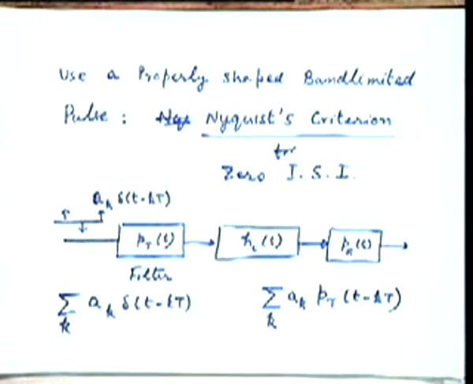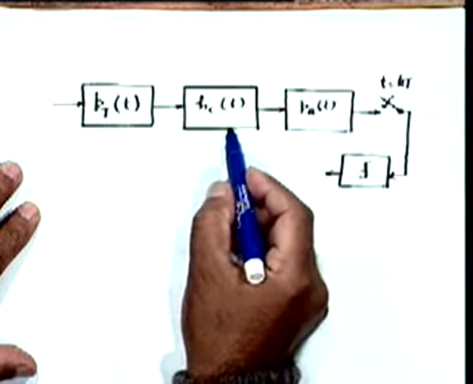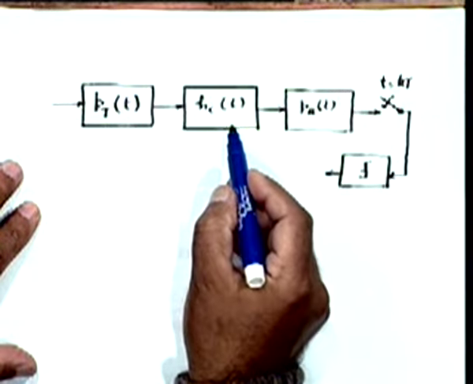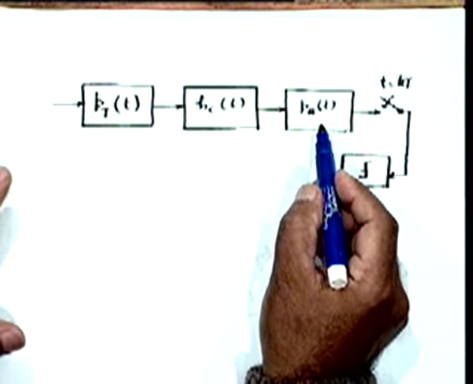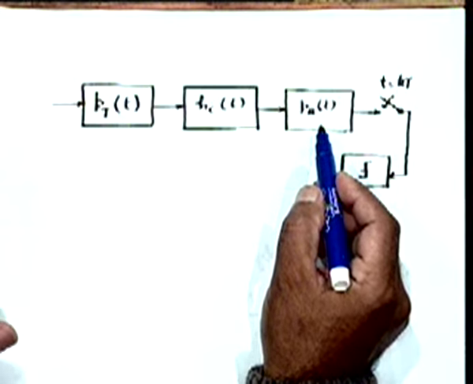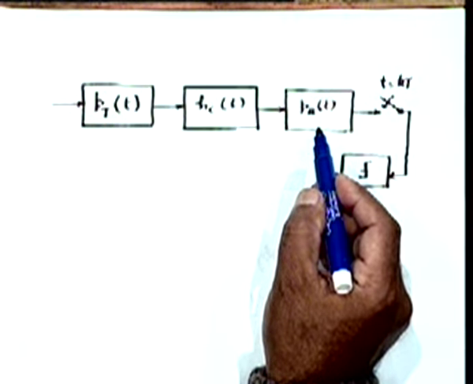Now let us see what I am trying to say. How will you process the output of this p_R(t)? I have got the same picture drawn over here, so please look at it carefully. Here is your transmitting pulse shape filter, here is your channel, and here is your filter at the receiver, which could be a matched filter or any other kind of detection filter which helps us to do reliable detection.